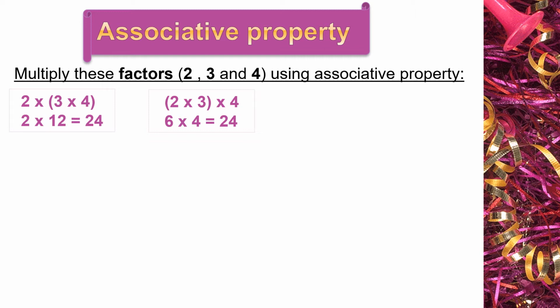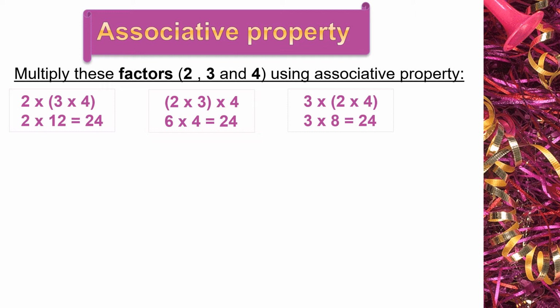Can I change this order again? Can I have another order? Yes, like this. 3 times 2 times 4, I will take 2 and 4 and put them between two brackets. So, in the first way, I put 3 and 4 between two brackets and multiplied them, then multiply 2.